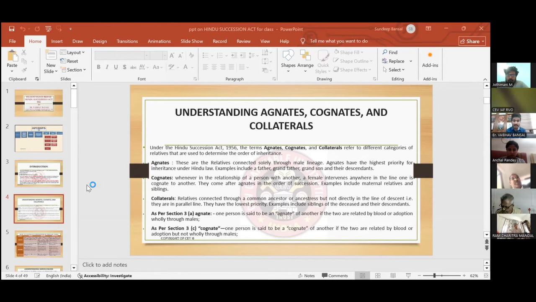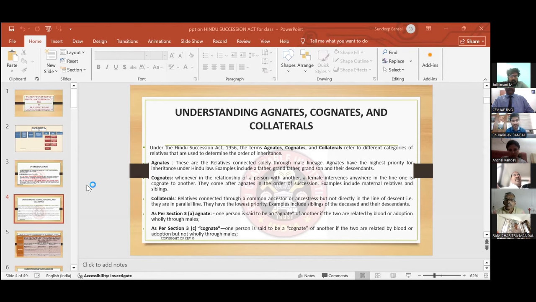Agnates are the relatives connected solely through male lineage. Agnates have the highest priority of inheritance under Hindu law. Examples include a father, a grandfather, a grandson, and their descendants. As per Section 18, in general terms, agnates are preferred over cognates and cognates are preferred over collaterals.